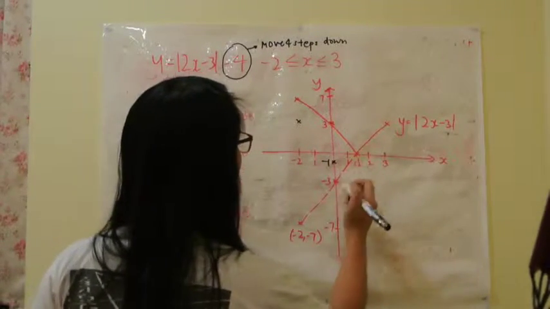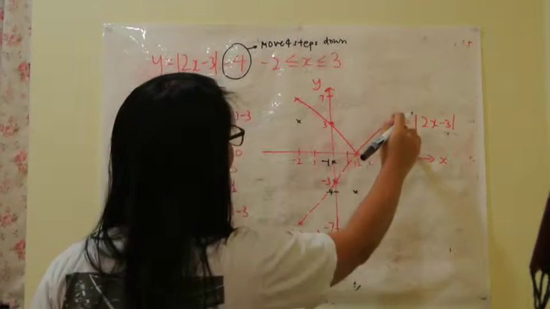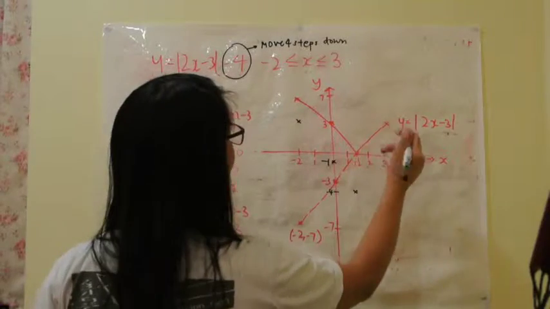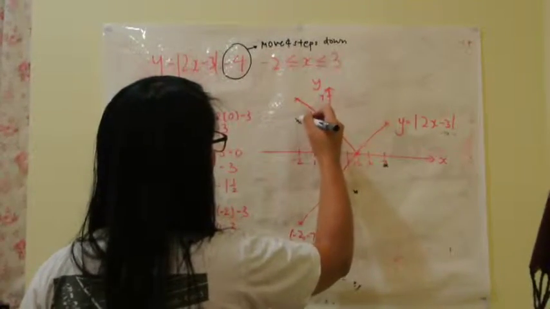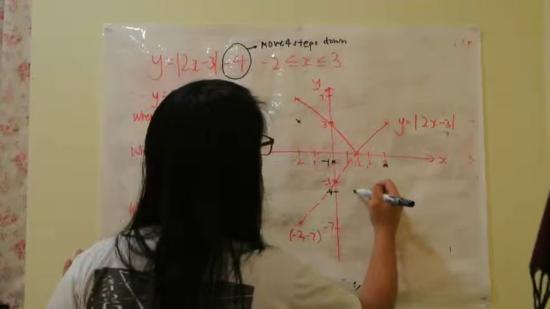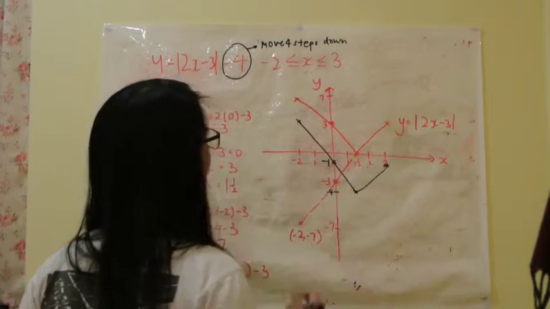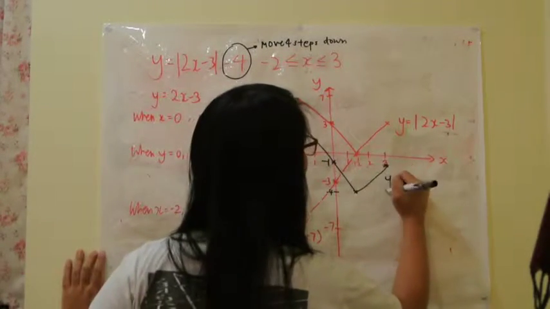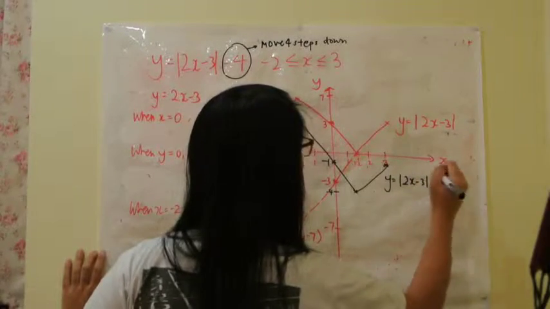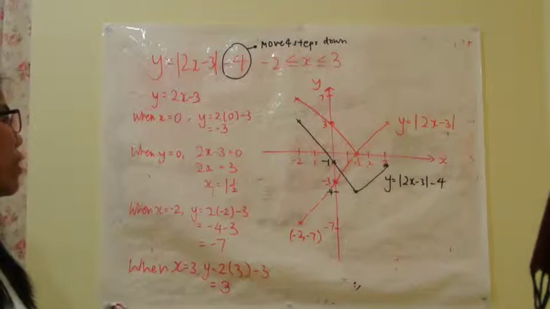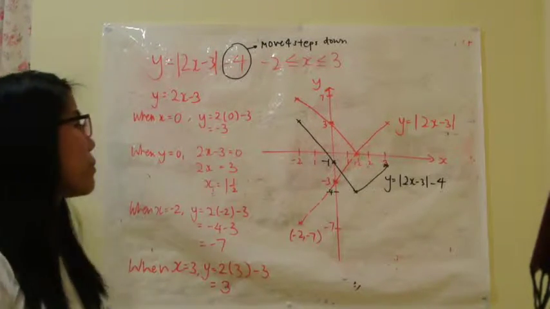Zero, you move 4 steps down, it becomes minus 4. And this last point 3, you move 4 steps down, it becomes minus 1. Connect all these points as usual. So now you have y equals mod 2x minus 3 minus 4, between minus 2 and 3.